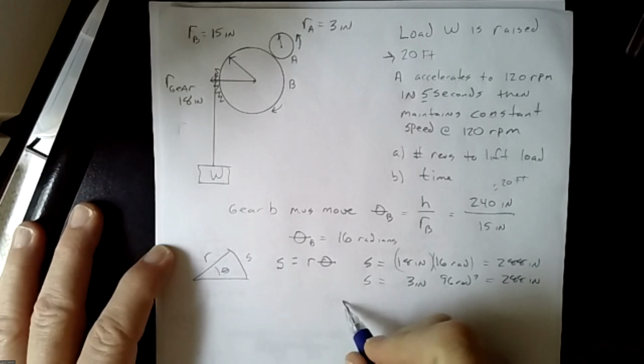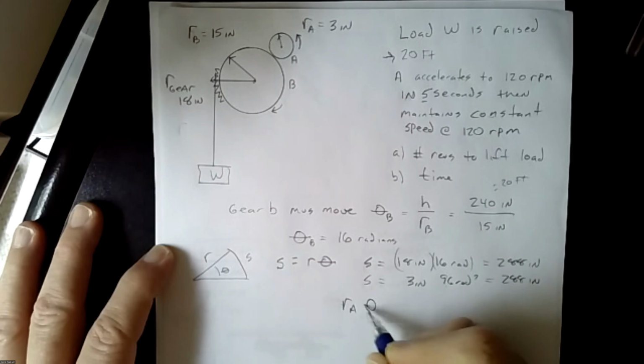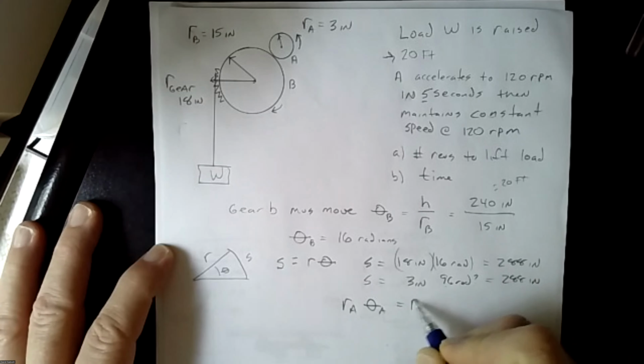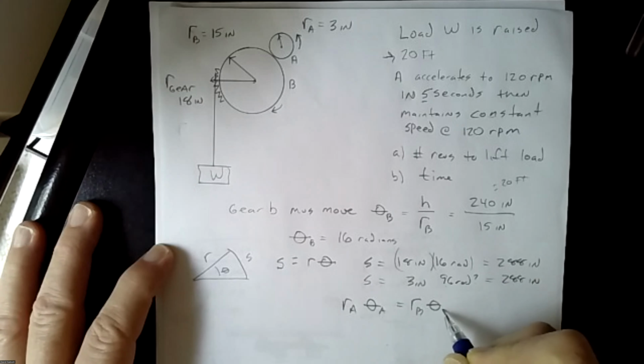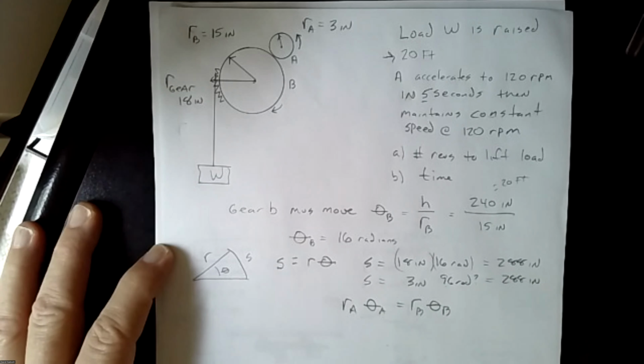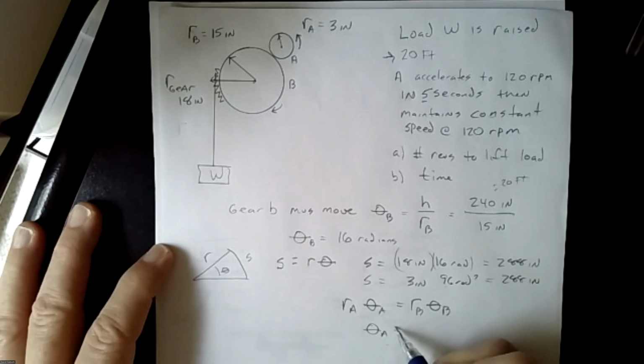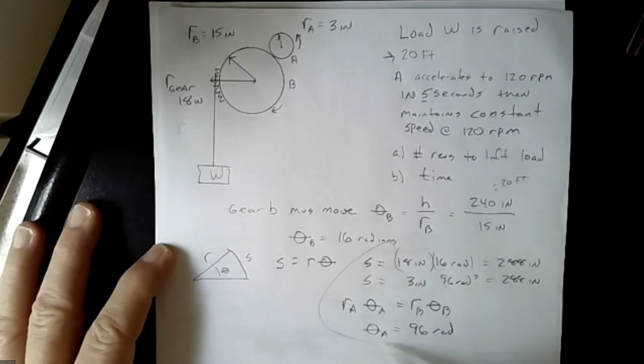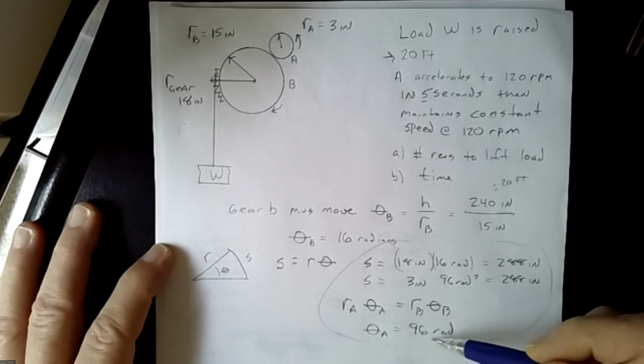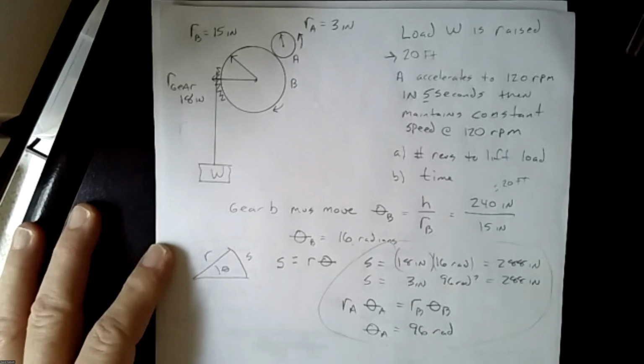So now we know that RA theta A equals RB theta B. And that's kind of where we got theta A was 96 radians. So I kind of went full circle. So we have theta A is equal to 96 radians. I guess I could have consolidated all this. I kind of went off on a train of thought. So we have 96 radians for the 16 radians that theta B went.